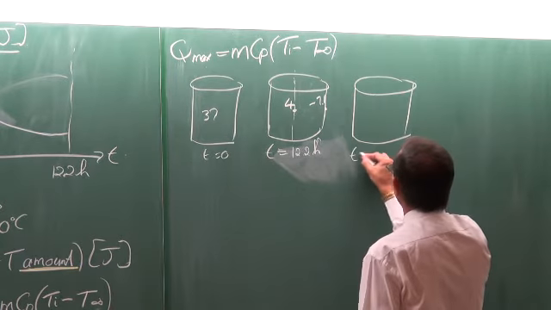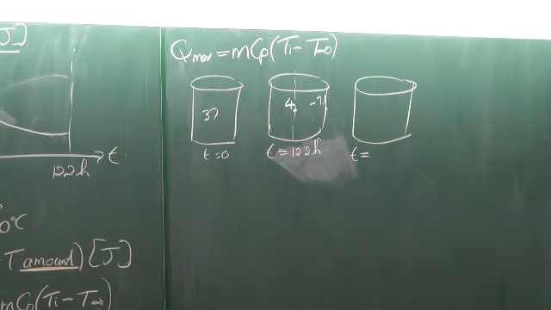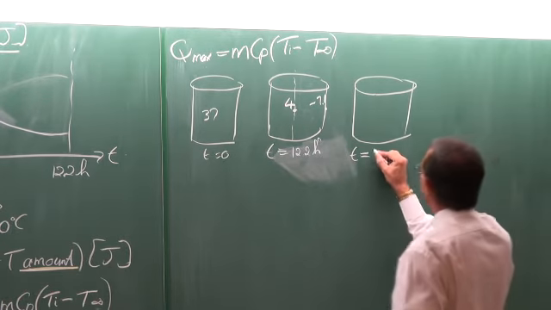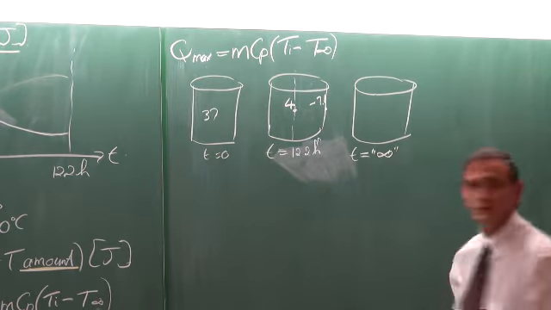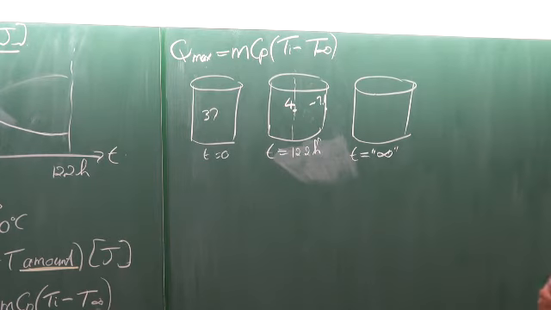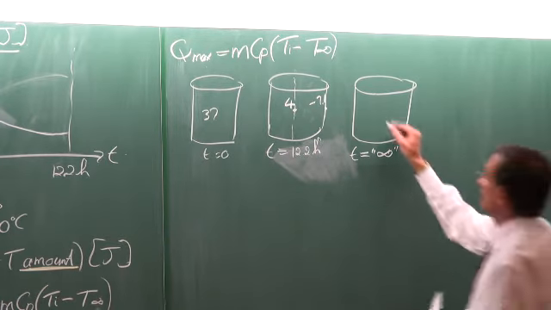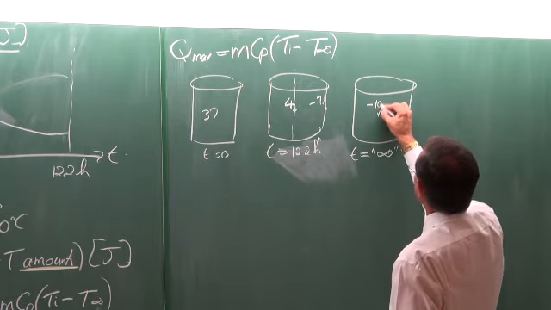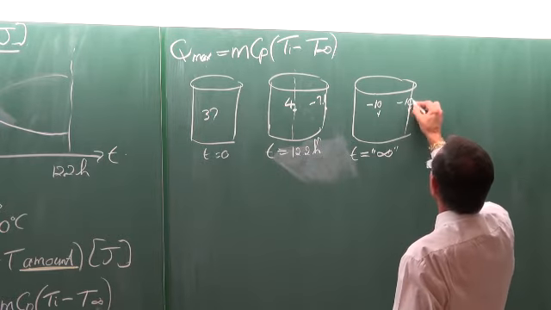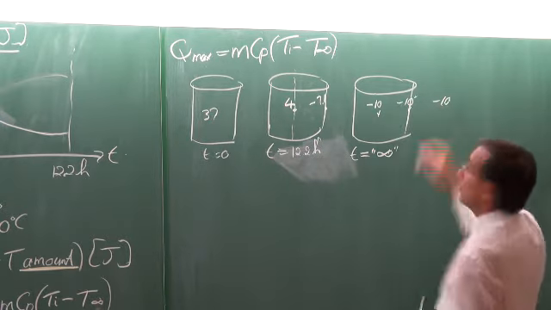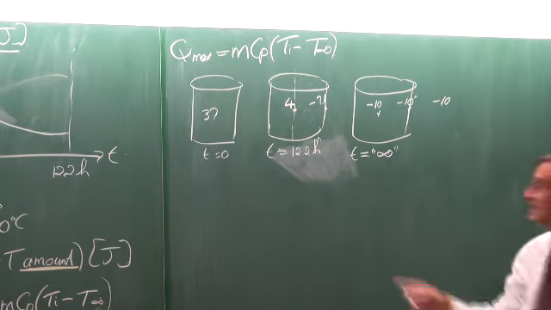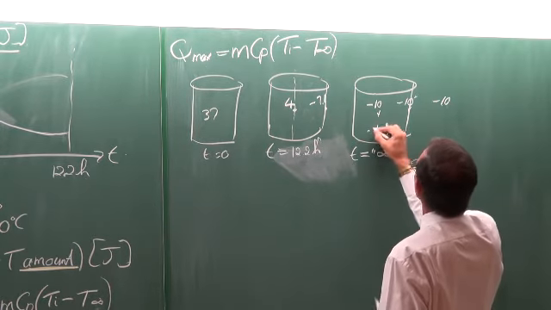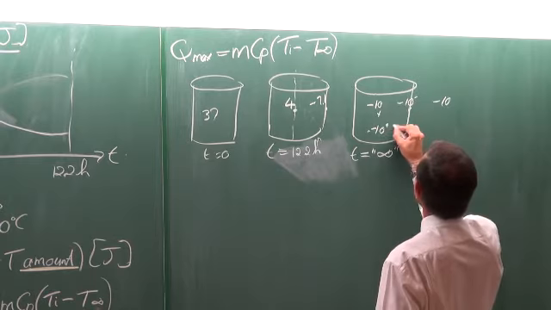So at T equal infinite, or not infinite, but at a long enough time. So I'm going to say it like that, okay, a long time. You can get this body so that that temperature is minus 10, that temperature is minus 10, the outside temperature also minus 10, and every temperature on the inside is minus 10.